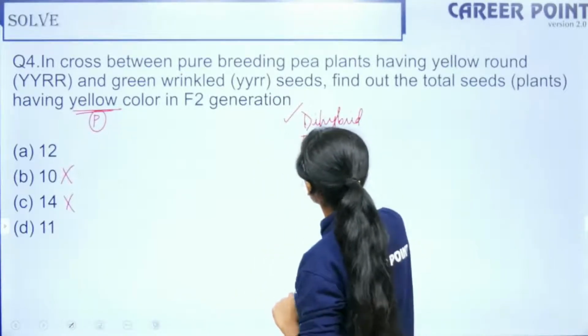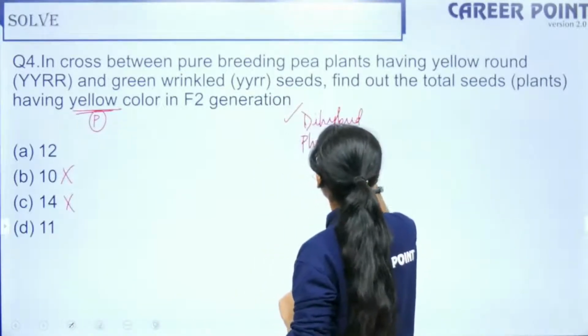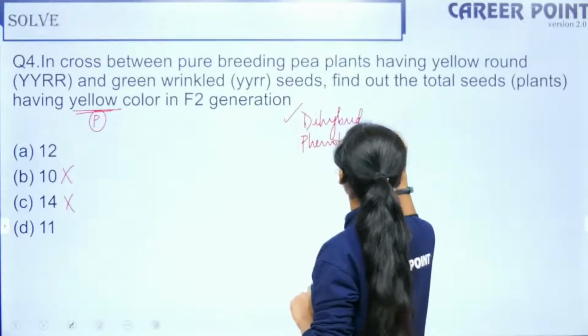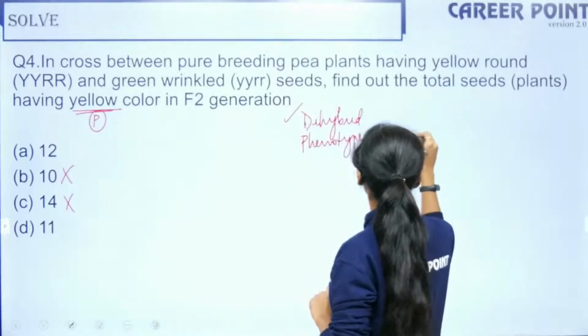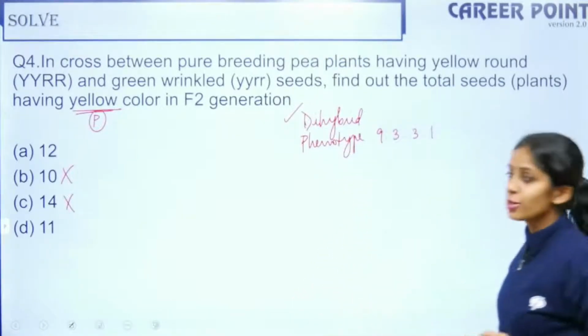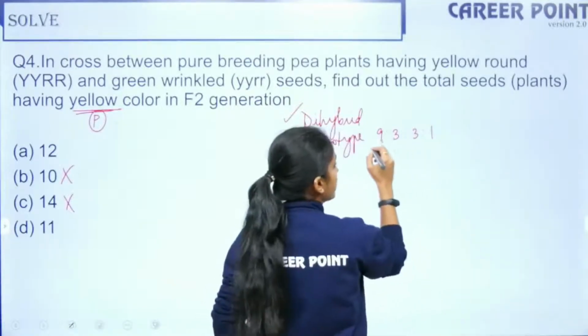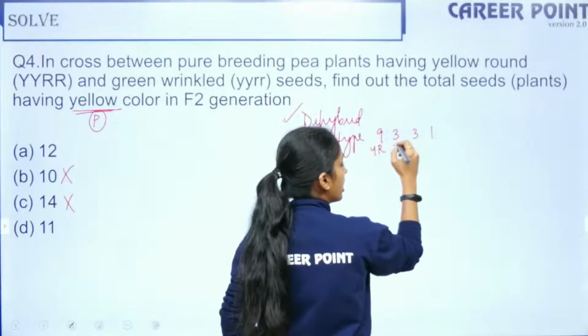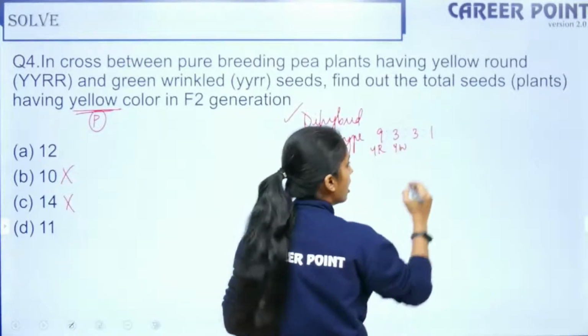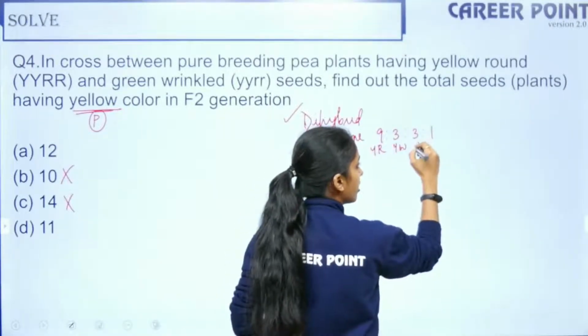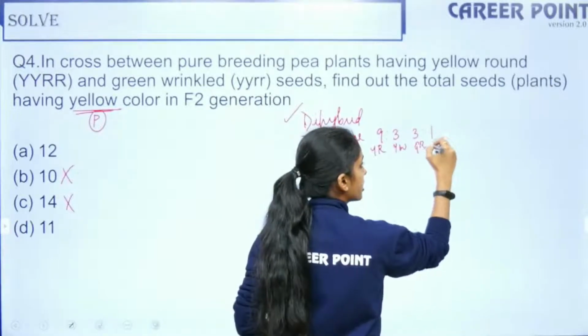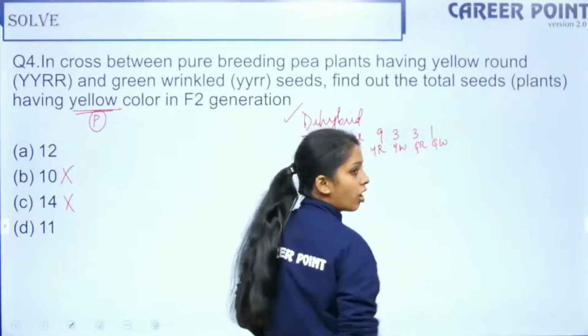In your dihybrid cross, what is the phenotypic ratio? 9:3:3:1. So here it is yellow round, yellow wrinkled, green round, green wrinkled. This is the order, right?